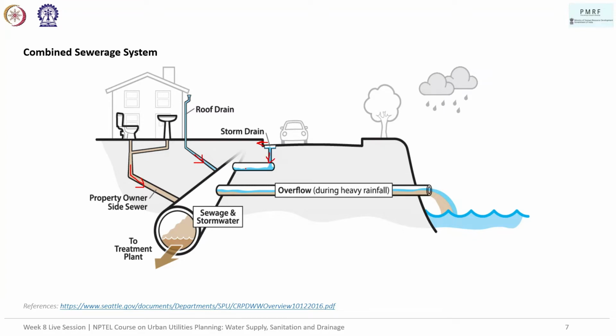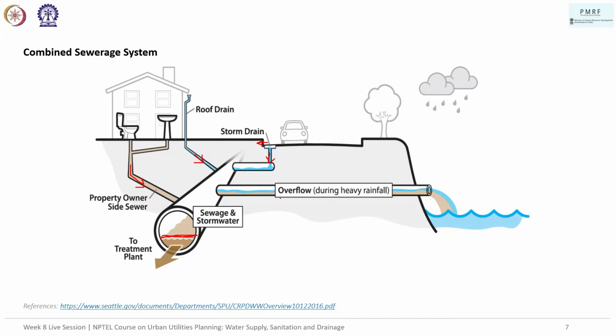So what happens is, essentially, the water level is low, right? Which means all of the water, both the storm drain water entering the storm drain, as well as the water entering from the pipelines, from the houses, from the WCs, or the sullage even, is being taken in this pipe itself.